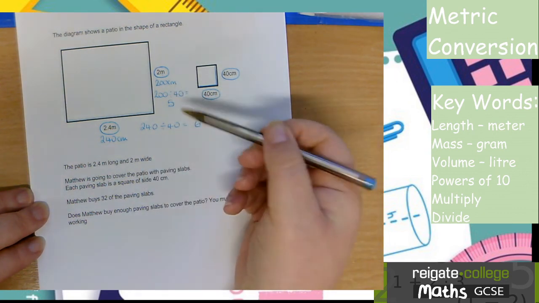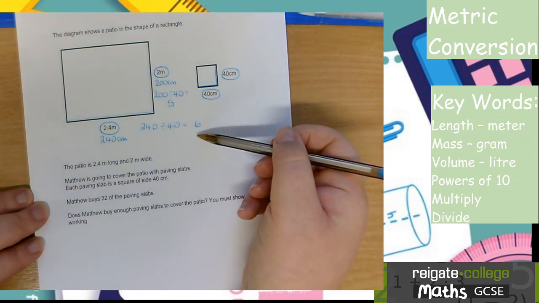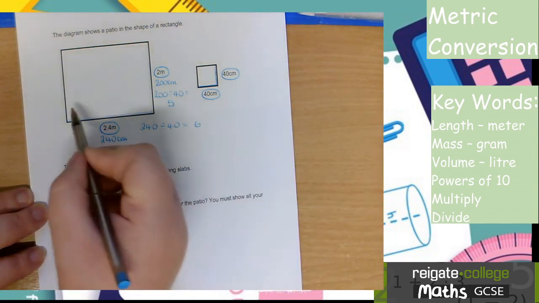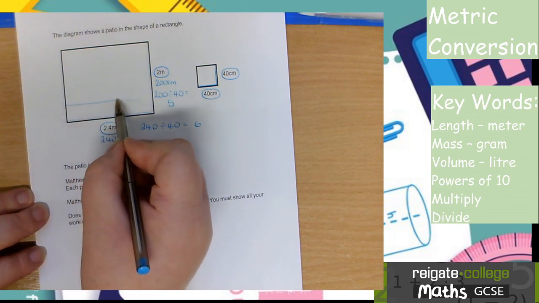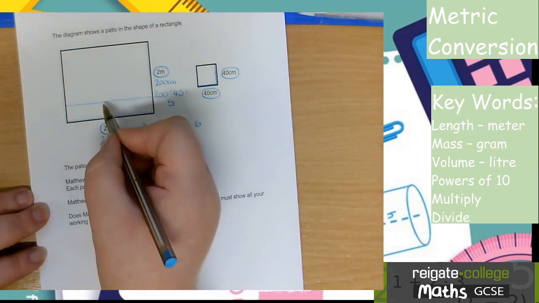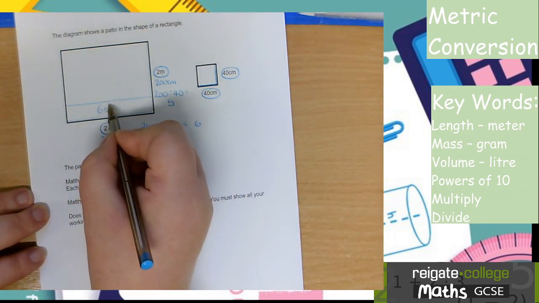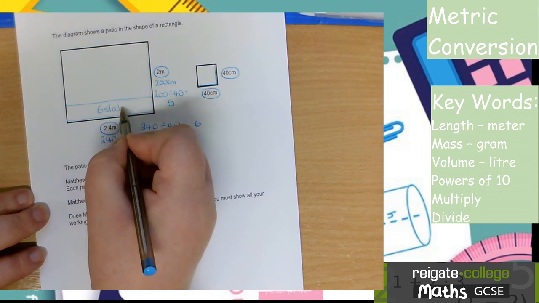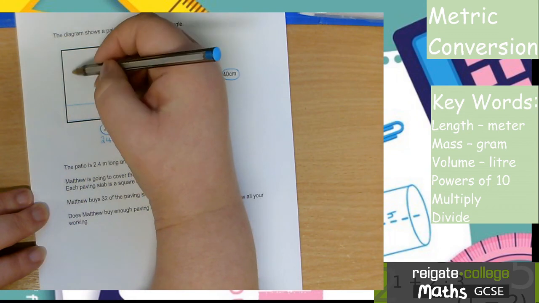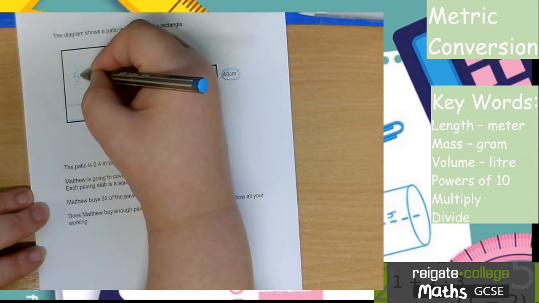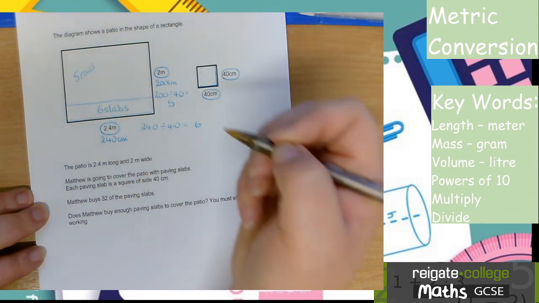So by doing these two sums, what I've worked out is I can get a row of 6 slabs along the width of this patio, and I'm going to get 5 rows in total.